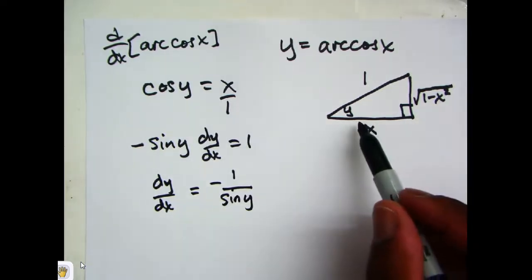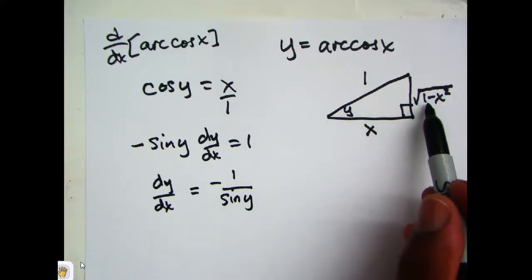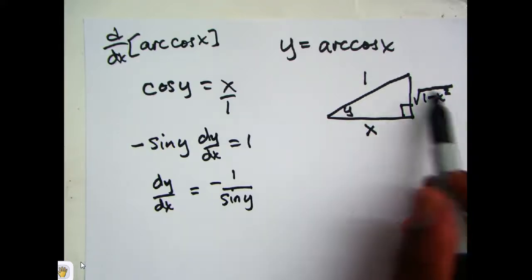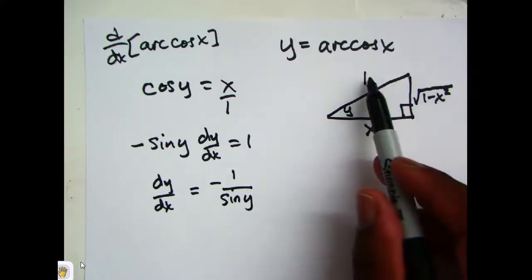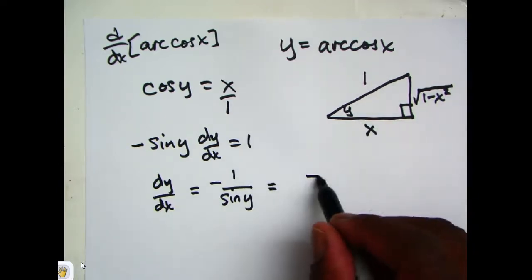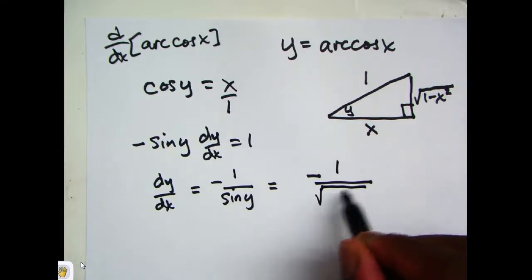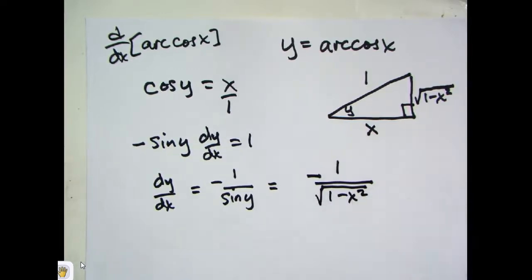And based on our right triangle here, the sine of y is the square root of 1 minus x squared divided by 1, opposite divided by hypotenuse. So dy/dx would be negative 1 over the square root of 1 minus x squared.